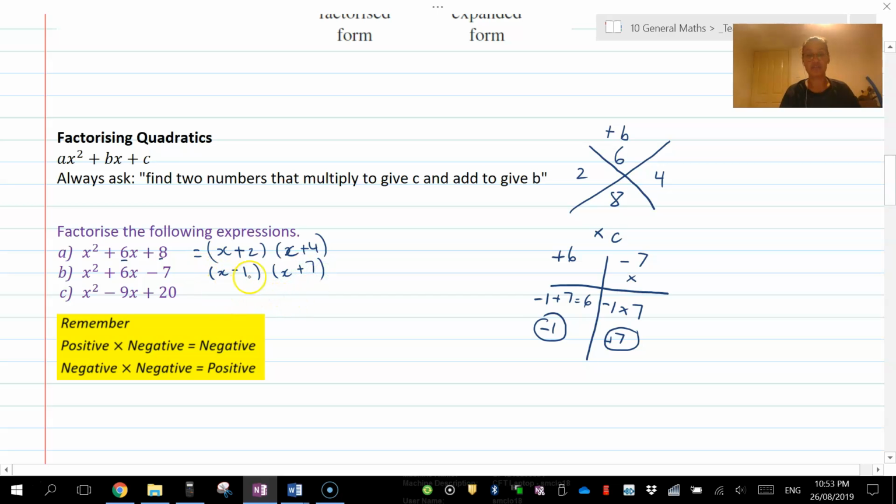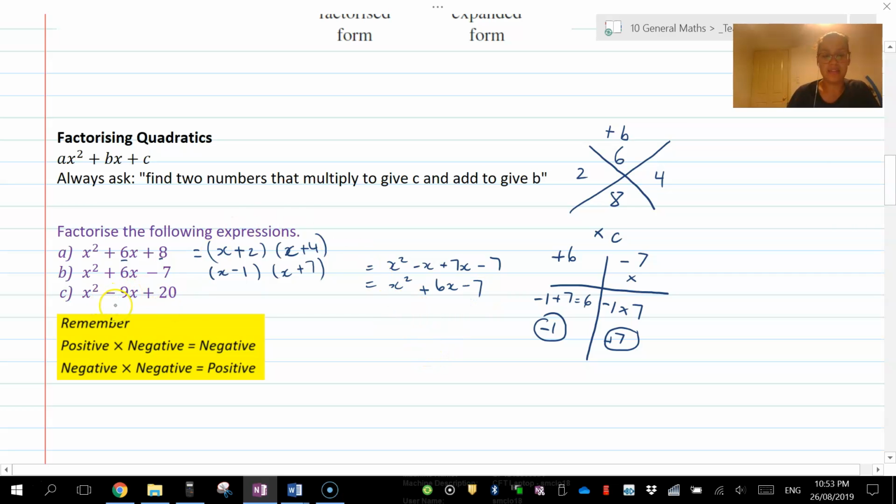If you're unsure: x times x equals x squared, minus an x, plus 7x, minus 7. Negative 1 plus 7 gives us x squared plus 6x minus 7.